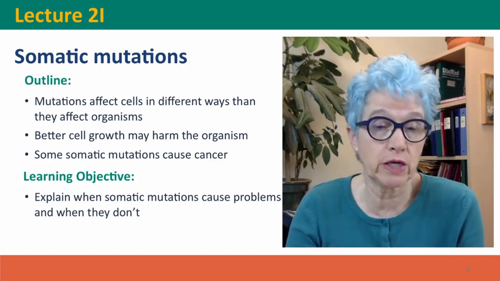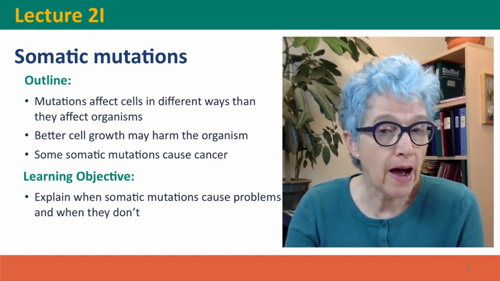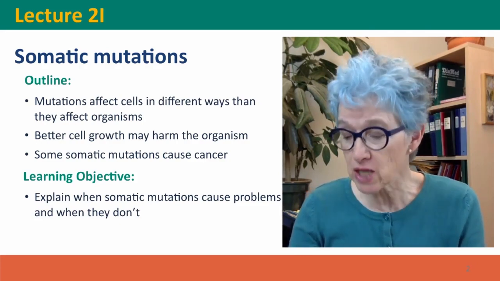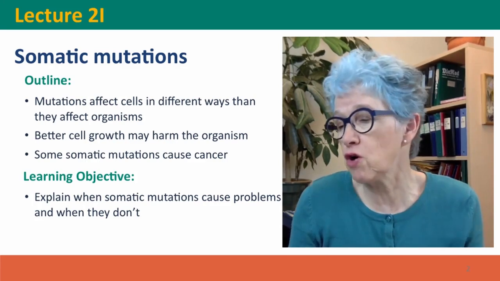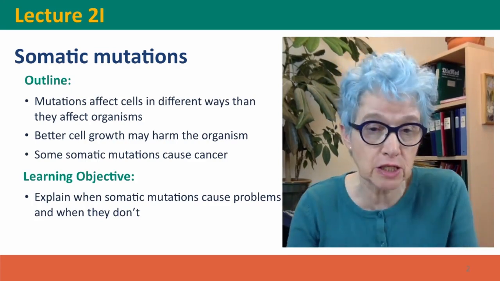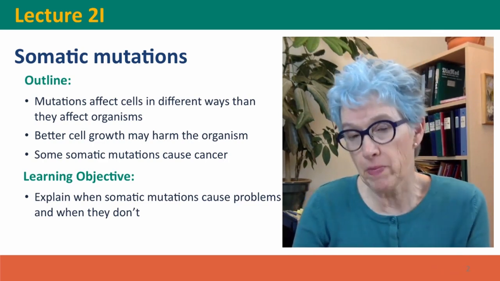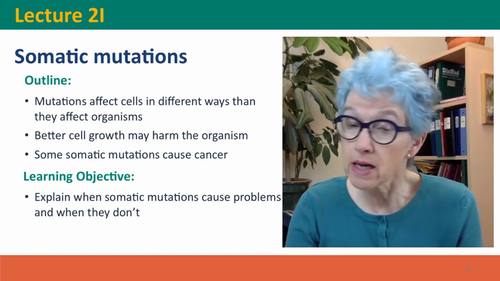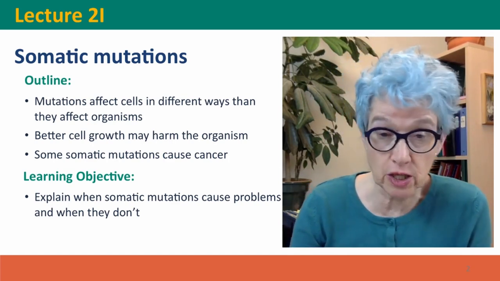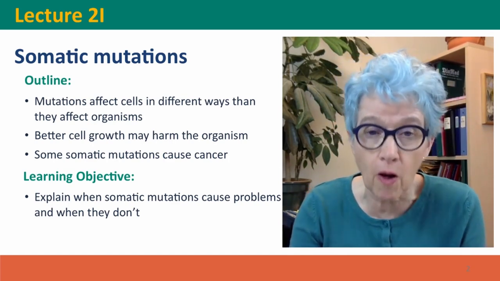We'll think about the mutation rates. We'll think about how the interests of the cells and the interests of the organism can be distinguished, and how mutations that benefit the cell may harm the organism, and mutations that harm the cell may not harm the organism at all.